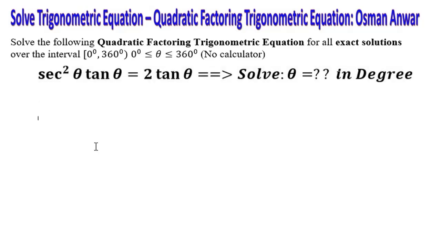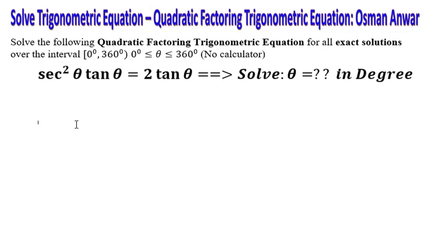So the equation is secant squared theta times tan theta equals 2 tan theta, and we're going to solve for theta in degree. A common mistake by many students is they divide tan theta both sides of the equation. This tan theta cancels this tan theta, then you are left with secant squared theta equals 2.